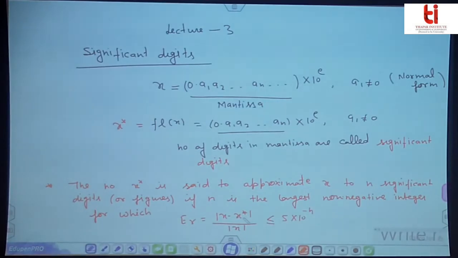So x star approximates x to n significant digits if the relative error is less than or equal to 5 into 10 raised to power minus n. So n is the number of significant digits.